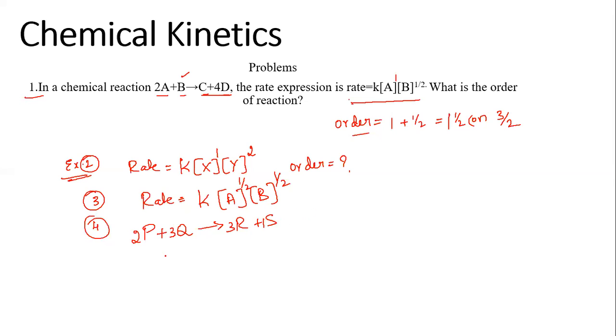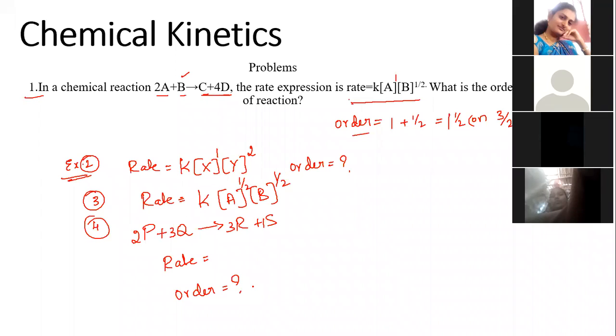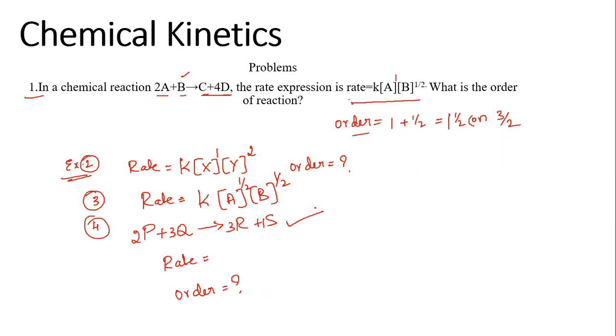Find out the rate expression for this equation as well as the order. Or else you can directly just tell me the order. If you feel difficulty typing the rate equation in the chat box, just tell me the order. What is the order of this equation? Third example.